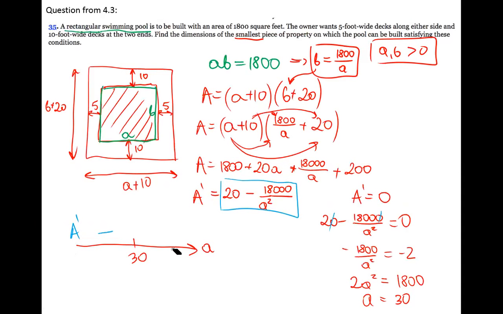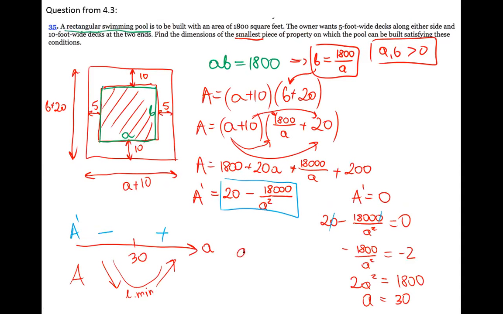If I put a huge number, then this is small, and 20 minus the small number is positive. That means the function, which is my area, is decreasing and then increasing. We will have a local minimum value, and we agree that this is the lowest value since the domain is not bounded. That means the answer is the dimensions.